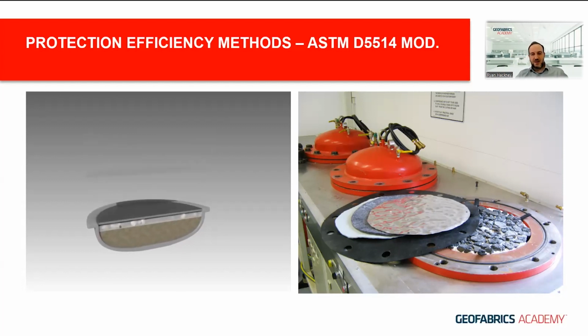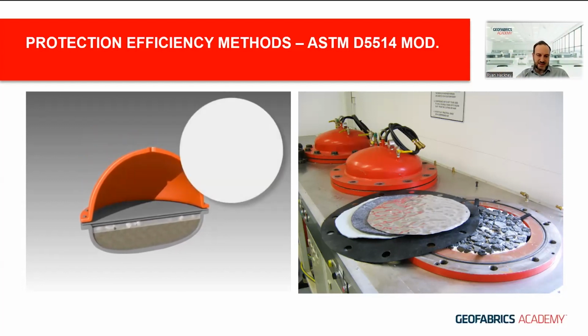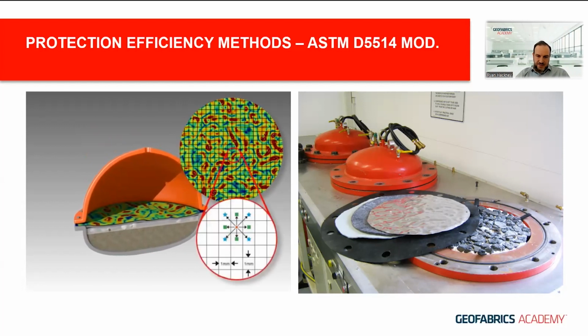Rather than a large hollow cylinder, it's this cell that we use, this pneumatic cell. We're not using as much aggregate because we're just using a layer of aggregate that's set in a fixed rock profile, and the apparatus is set up so that we can either do inverted tests with the rock on the base and the lining system above, or we can have it in the normal orientated situation with some spacers so that we can include subgrade and GCL, lining material and rock on top.